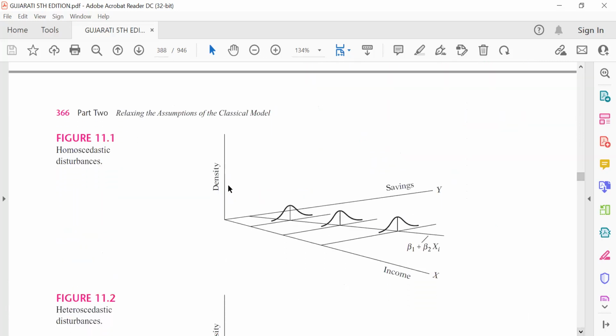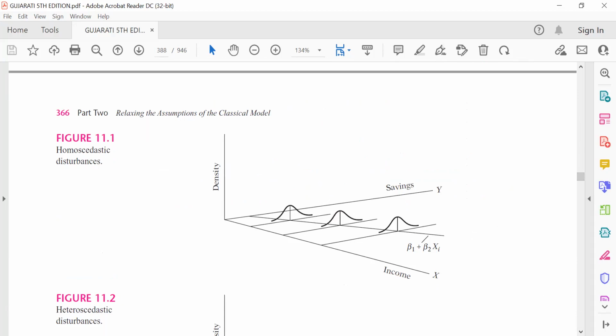This graph represents homoskedasticity because the variances are the same from the first sample until the last sample.